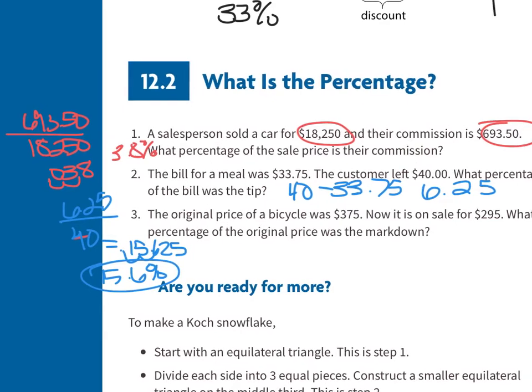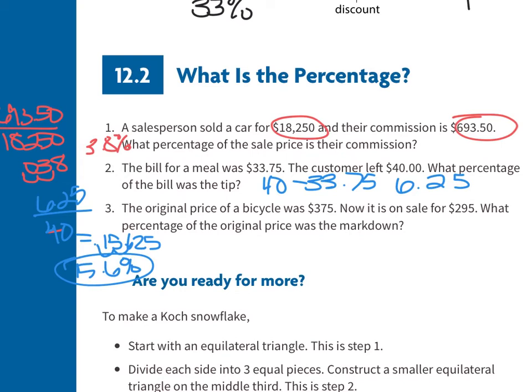Okay? And number 3, the original price for a bicycle was $375. Now it is on sale for $295. What percentage of the original price was marked down? We take the two numbers and find the difference. 375 minus 295 is 80.